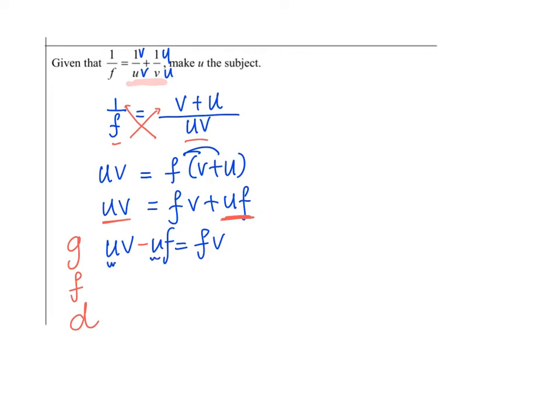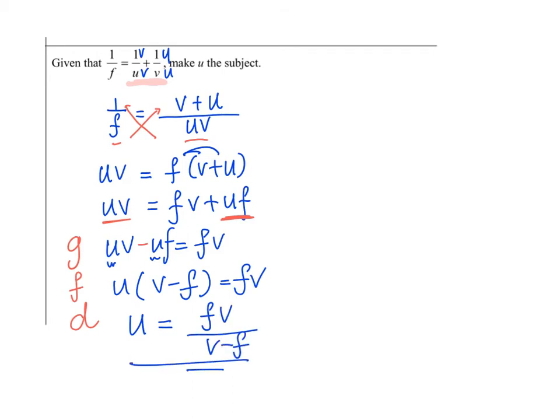Factorize out the letter u: u times (v minus f) equals fv. And last one, divide away. So u is now equal to fv over (v minus f). Have you gotten the answer?